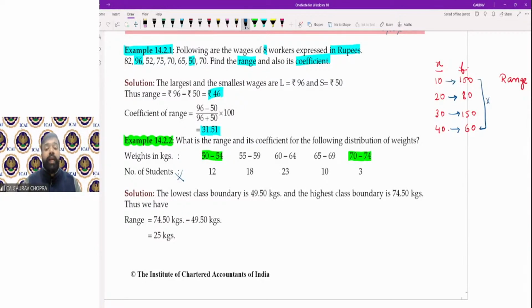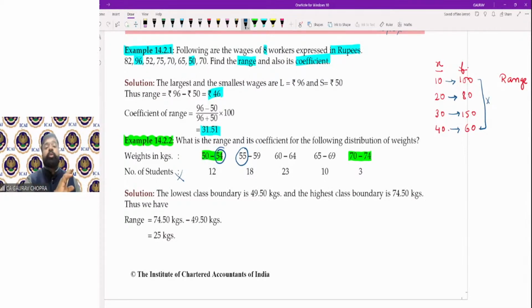But before that, you must check that series must be exclusive. Series कौन सी होनी चाहिए? Exclusive होनी चाहिए. But here the series is inclusive because 54 and then 55, the number are not same. The number are different. Therefore, series is inclusive. तो जब भी inclusive series है, तो आप lower limit में क्या करते हैं? 0.5 less, upper limit में 0.5 add.